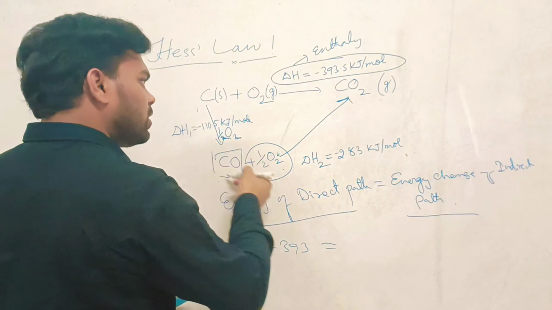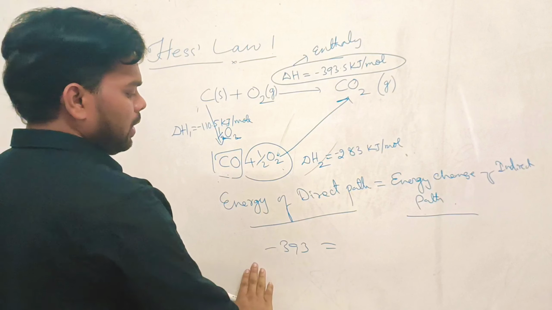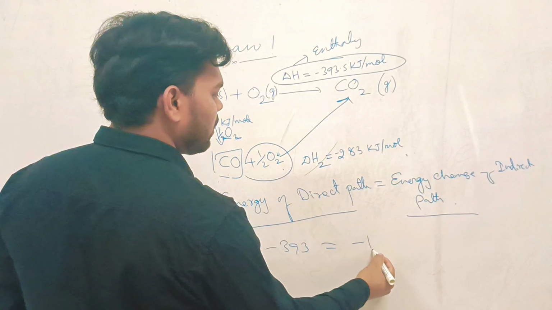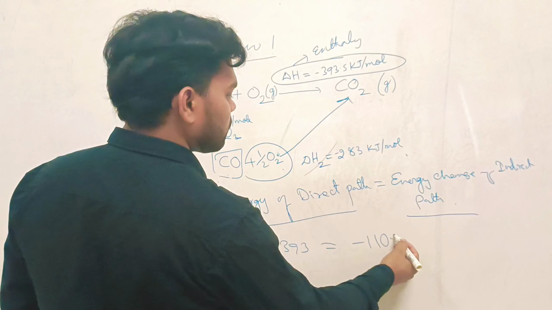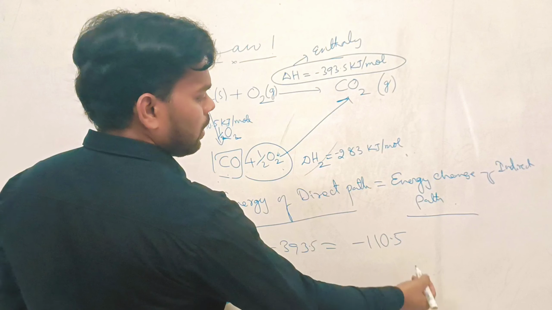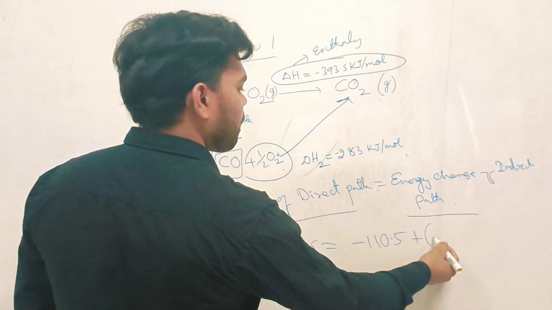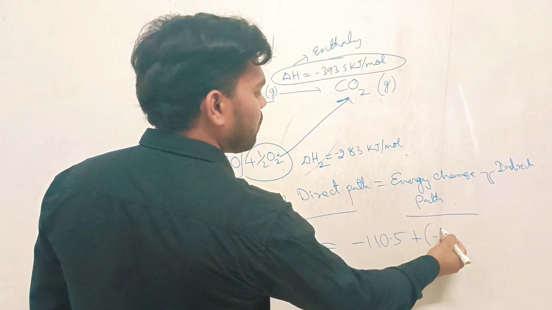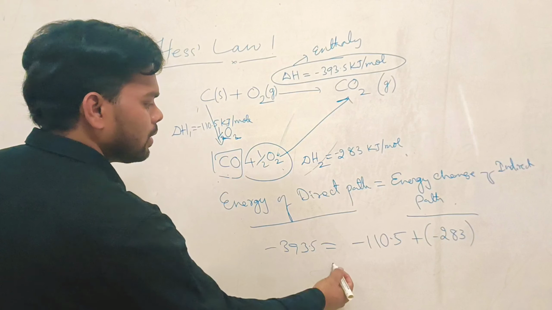If you follow the multiple steps also, the energy will be equal to negative 393. This one is negative 110.5, so this is fine. Then plus here we have delta H2, about negative 283.